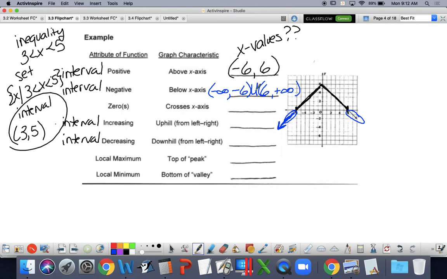That is pretty tricky. I want you to go ahead and try the rest of these on your own. For the zeros, you're just writing the x-intercept. Just write the number. Maximum and minimum, well, I'll tell you right now, this is a trick question. There's no minimum.